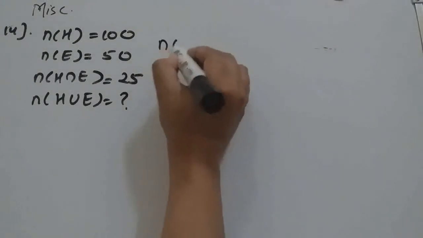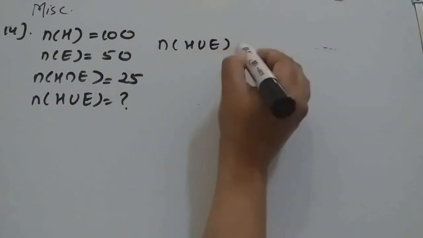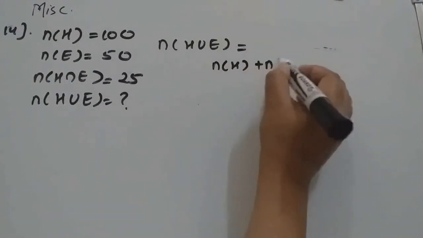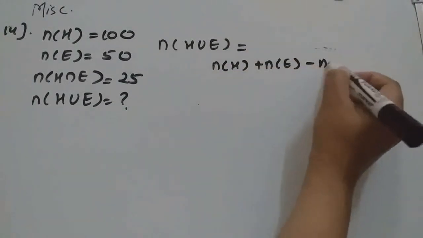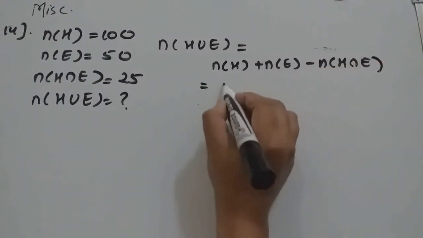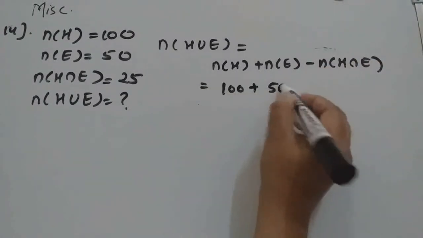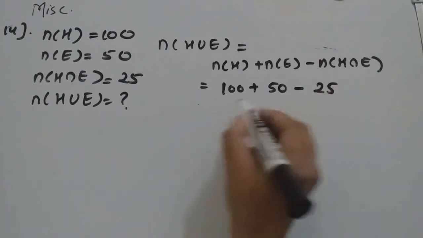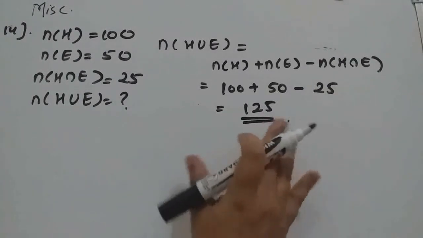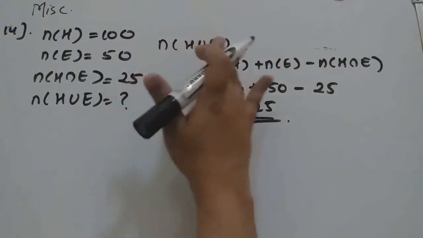So we can directly use formula to get this value, N of H plus N of E minus N of H intersection E. So 100 plus 50 minus 25. So 125 students are there in group because all the students like either Hindi or English.